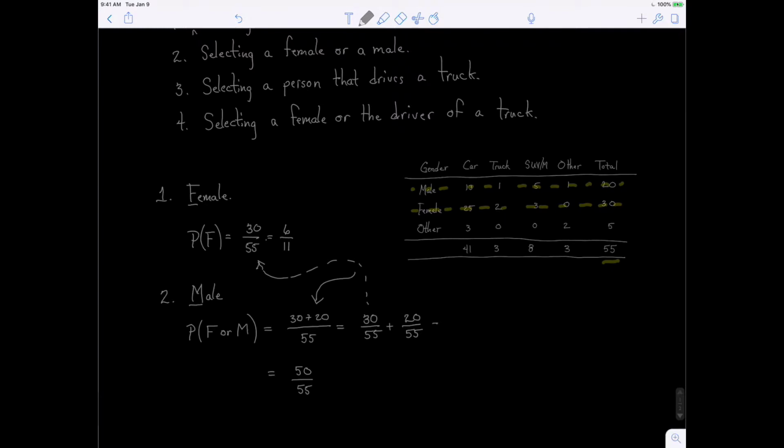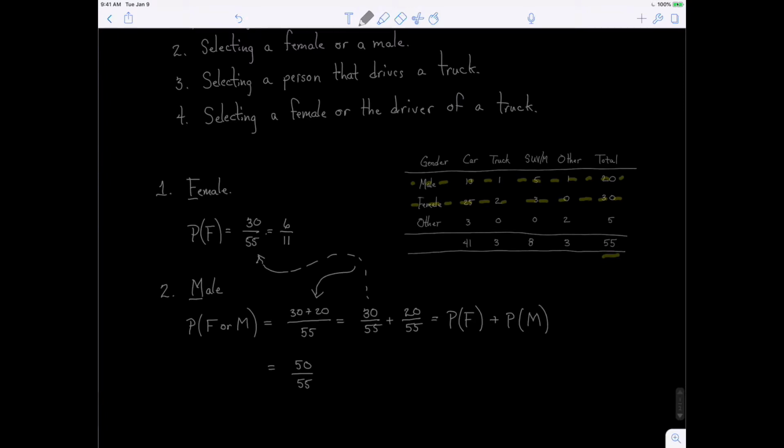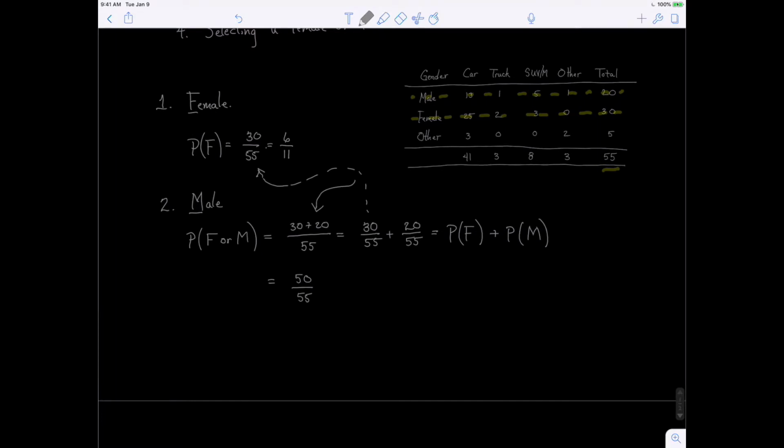That's the probability of selecting a female. And the 20 out of 55 represents the probability of being a male. So if I finish that, what this really says is the probability of F or M is equal to just adding the probability of each: the probability of female plus the probability of male.